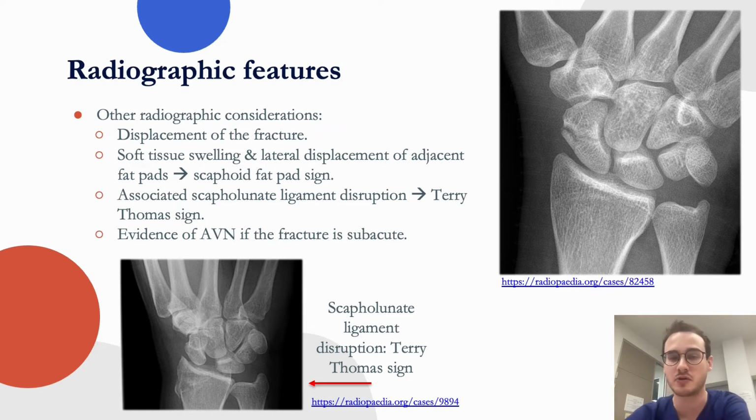So as you can see here on the right, we're able to clearly demarcate a scaphoid fracture, whereas down here, it's not actually a scaphoid fracture itself, but it's evidence of this Terry Thomas sign, where you get this disruption in the scapholunate ligament, and this is a poor prognostic factor in scaphoid fractures.